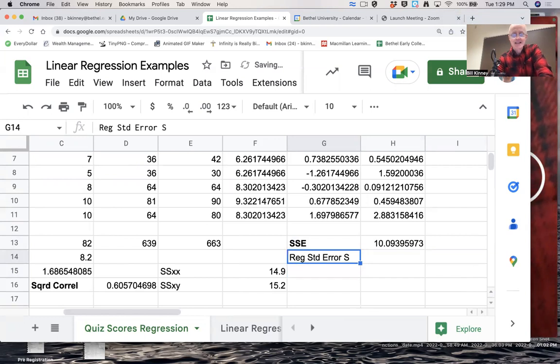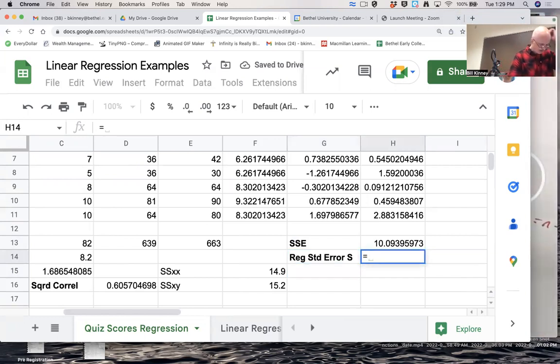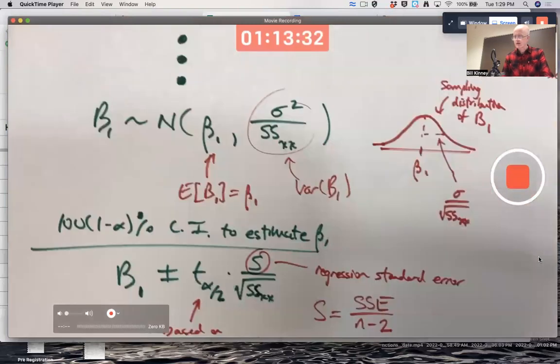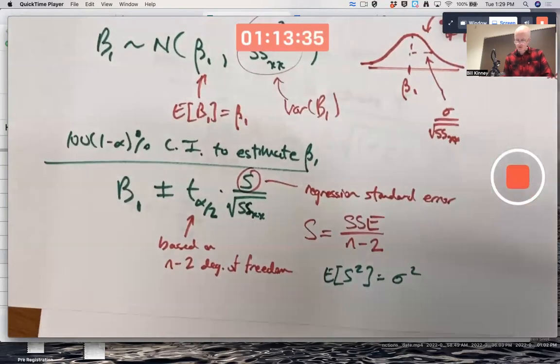S. Divided by, you know what? I think I wrote the wrong formula. Yeah, I forgot to take a square root. Should have had a square root here.